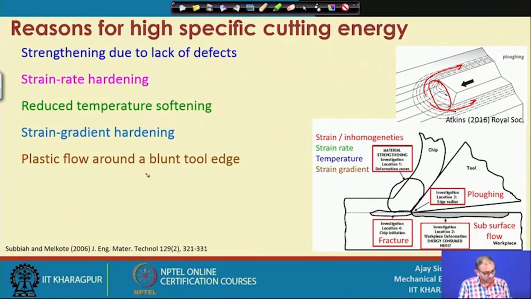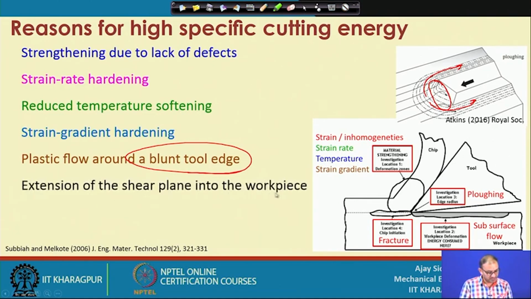Because of that, this plastic flow creates a large amount of force when you cut the material. We know that if forces increase and your uncut chip thickness continuously decreases, then your specific cutting energy increases depending on that earlier equation. So, we consider our tool is blunt, because at micro level there is always a cutting edge radius, which plays an important role in the cutting operation.